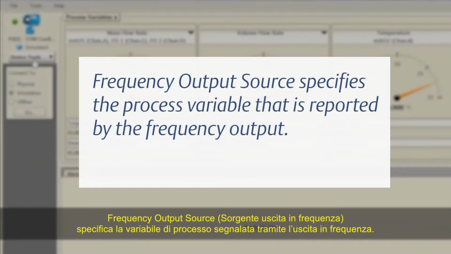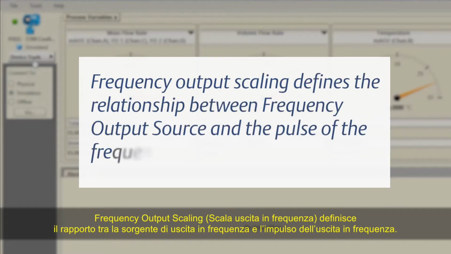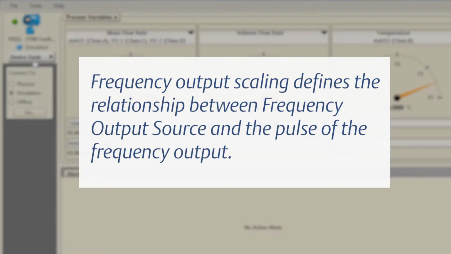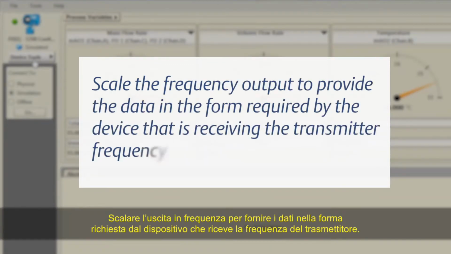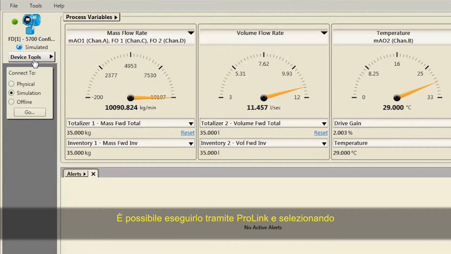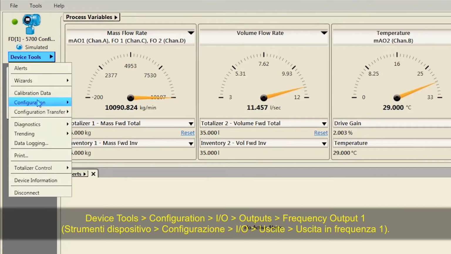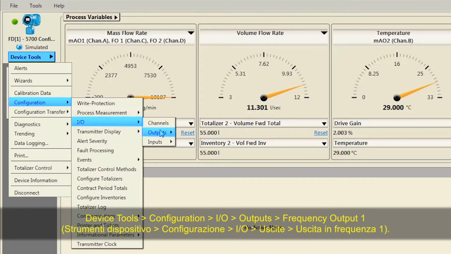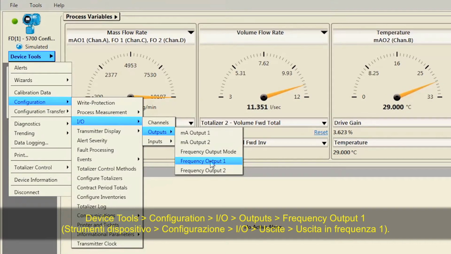Frequency output source specifies the process variable that is reported by the frequency output. Frequency output scaling defines the relationship between frequency output source and the pulse of the frequency output. Scale the frequency output to provide the data in the form required by the device that is receiving the transmitter frequency. This can be completed using ProLink and selecting Device Tools, Configuration, I/O, Outputs, Frequency Output 1.